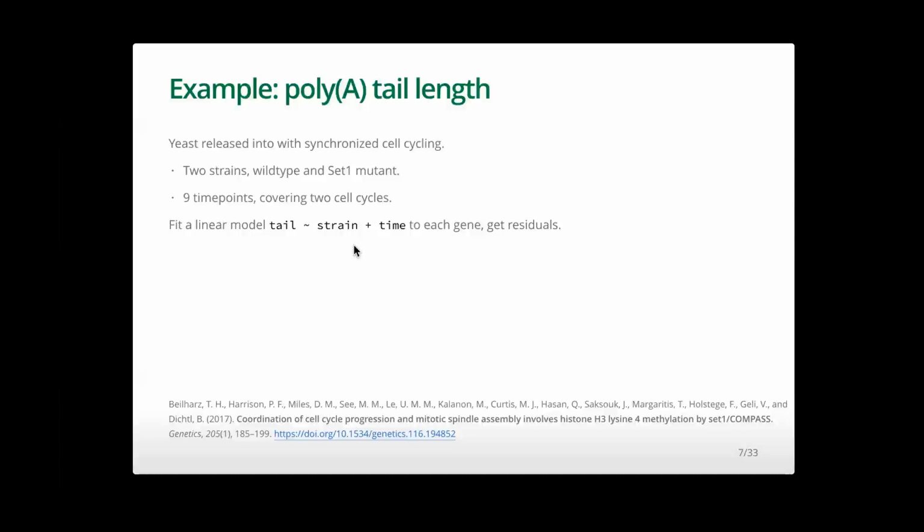A slightly annoying thing about this data set is there weren't any replicates, so this is about the most complex model we can fit to it without doing clever stuff. So anyway, there's a linear model. This is your design matrix that you use with limma, so very much the same concept. And we're fitting the model to each row in our matrix, which is going to be a gene.